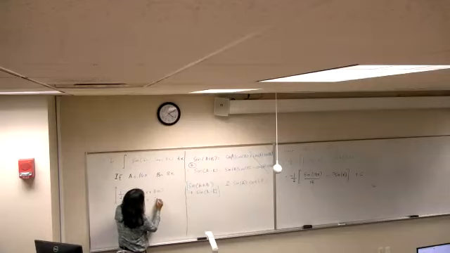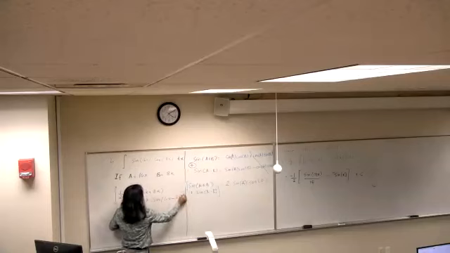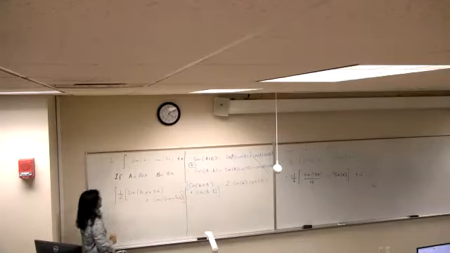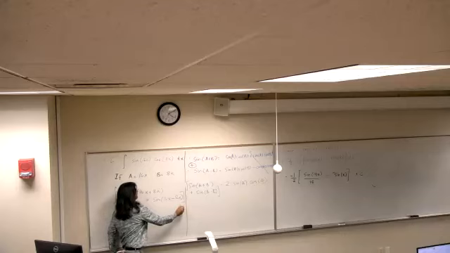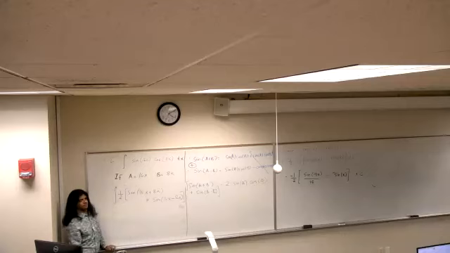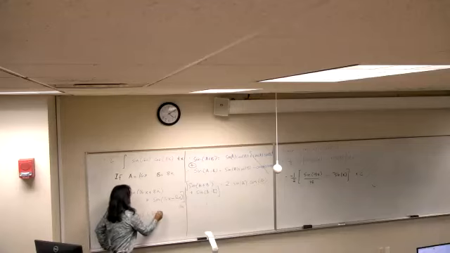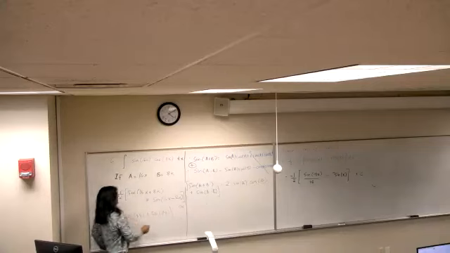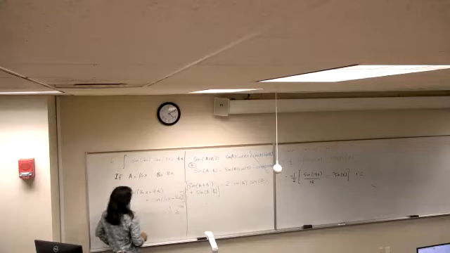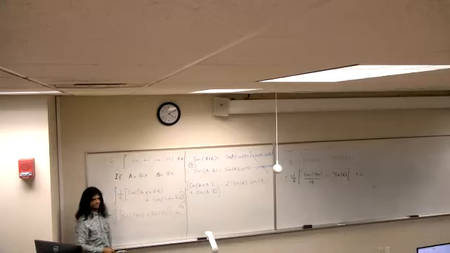So plus sine 16x minus 8x times dx. Good. 1/2 integral sine 24x plus sine 8x dx. Agree?